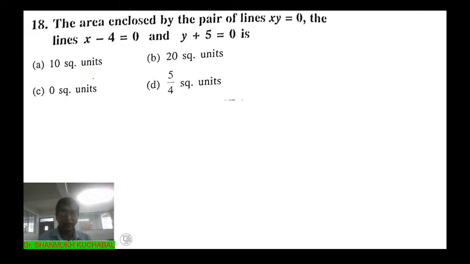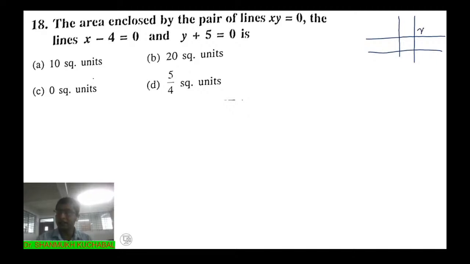The area enclosed by the pair of lines xy equal to 0, the lines x minus 4 equal to 0 and y plus 5 equal to 0 is, that is, we have to represent this diagrammatically, and then further simplify this. So it is like this, two pairs of lines.